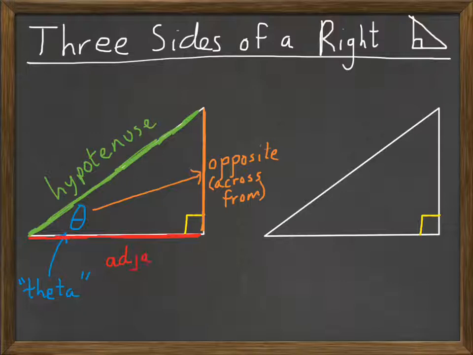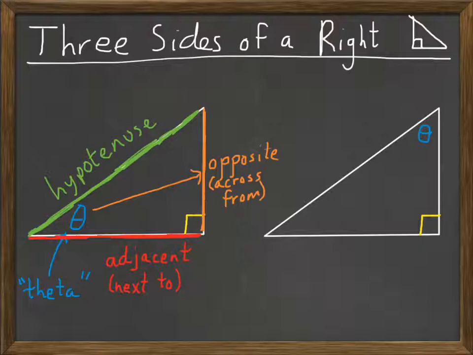The other side, the one that's next to our angle theta, is called the adjacent, because the word adjacent means next to. So we have the hypotenuse, the opposite, and the adjacent. Now, it does matter where my angle theta is. Let's say I'm referencing everything from the angle at the top of the triangle rather than the one at the bottom.